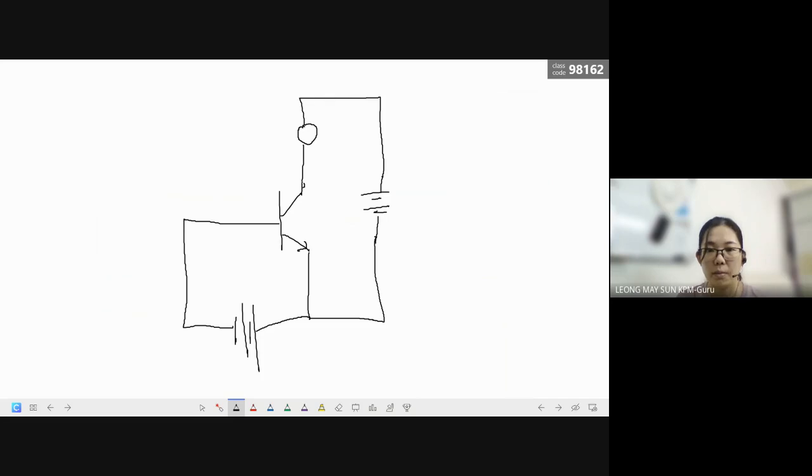Okay. So I'm just drawing a simple circuit over here. All right. Normally there are a few more electrical components here.